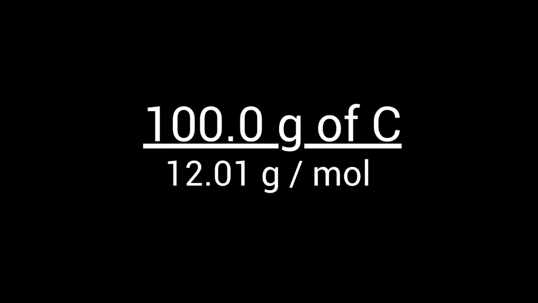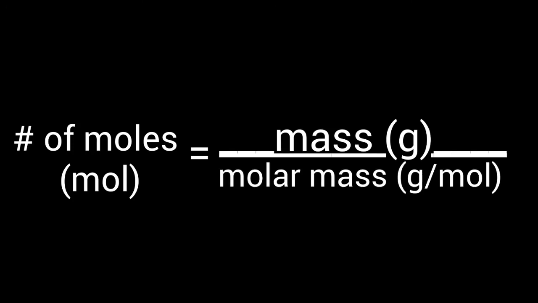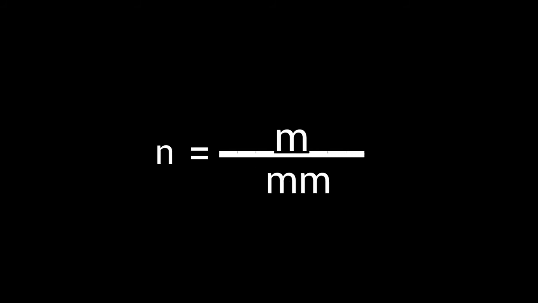So 100 grams divided by 12.01 grams per mole equals 8.326 moles. So you have now learned the equation for determining the number of moles of atoms in any sample. The equation is moles, symbolized by the letter n, is equal to mass divided by molar mass.